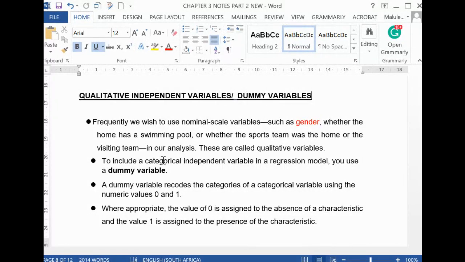Those who understand soccer will understand what we're talking about when we talk about home team and visiting team. Guys, don't disappoint me. Represent the ladies. Home and away is another word that can be used.